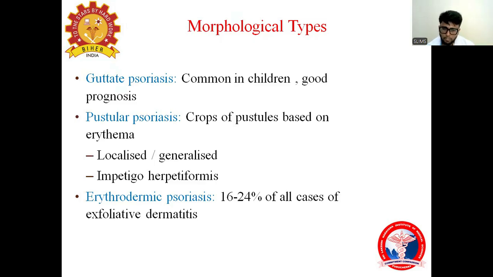The functions of the skin will be lost. The patient will have thermoregulatory compromise, increased dryness, and protein loss due to loss of scales. So there is hypoalbuminemia, edema, and all these complications can occur.